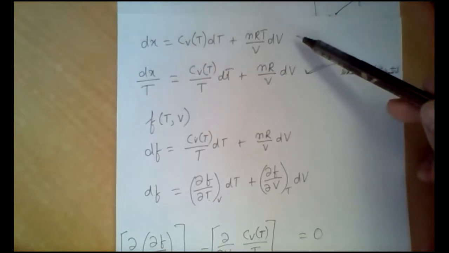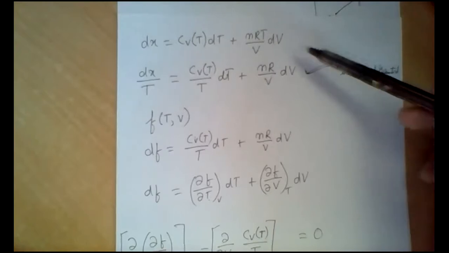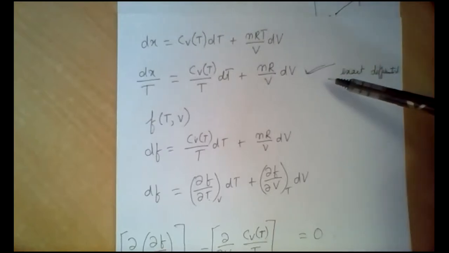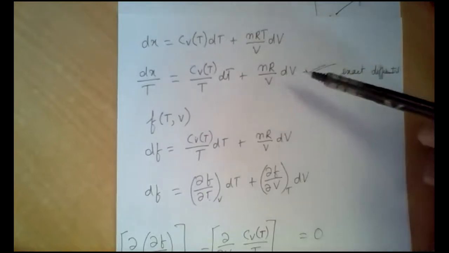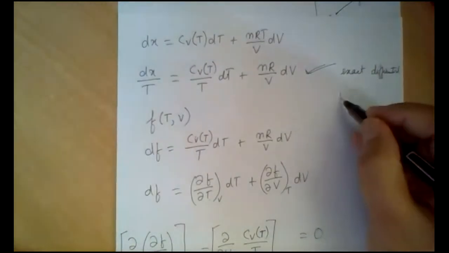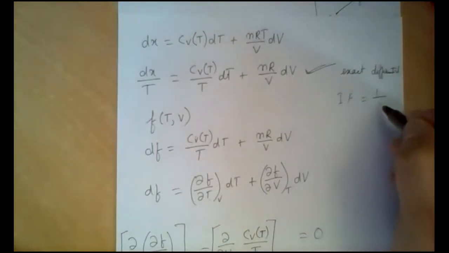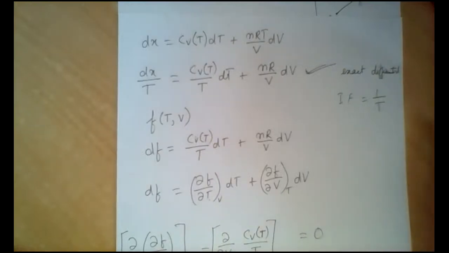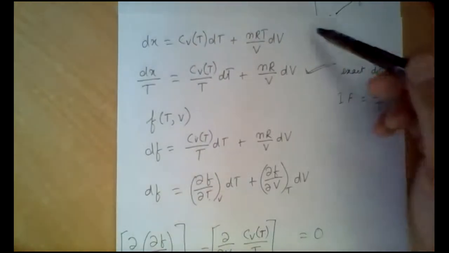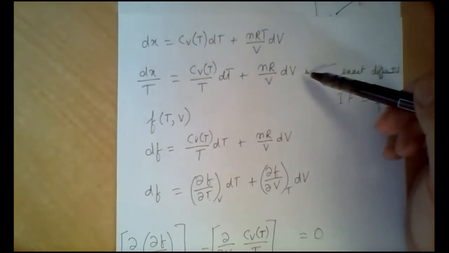To convert an inexact differential to an exact differential, we multiply by an integrating factor. So in this particular example, what is the integrating factor? The integrating factor is 1 by T. In this example, the integrating factor is 1 by T.